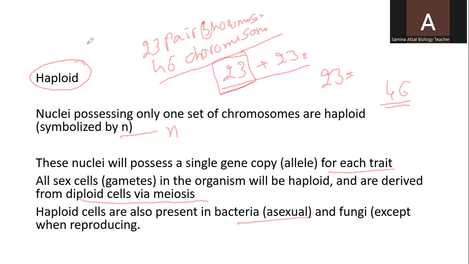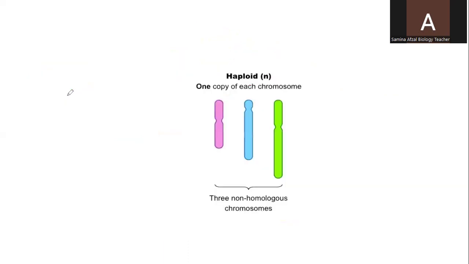So this number shows the one set of chromosomes. And here you can see that one copy of each chromosome will be present when there is a haploid number of chromosomes in any of the gametes.